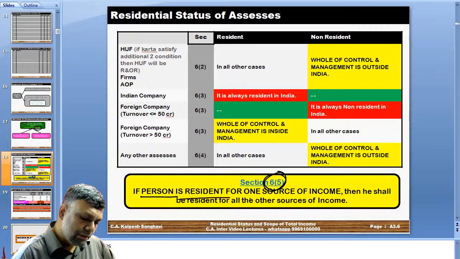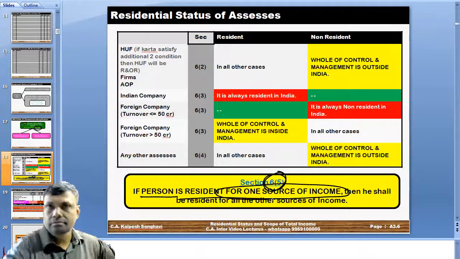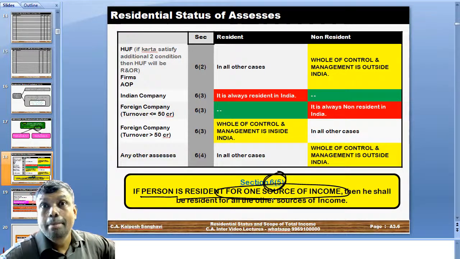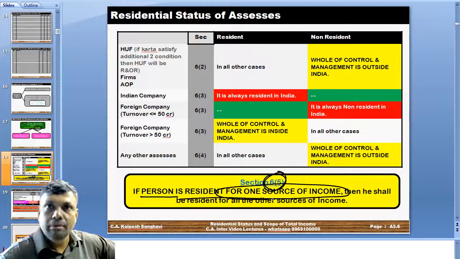If a person is resident for one source of income, for example, you have multiple sources of income. For example, you have a property in London, one property in India. You have one business in India, one business in London.